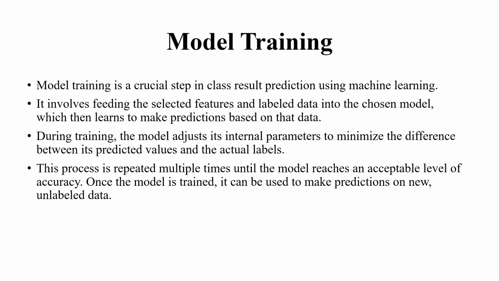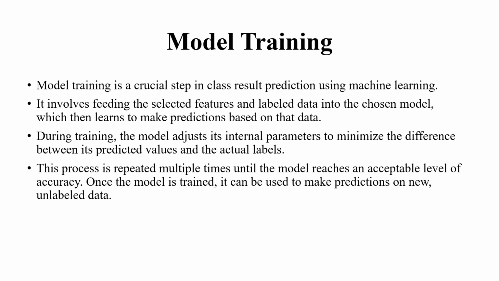Model training. Model training is a critical step in class result prediction using machine learning. It involves feeding the selected features and labeled data into the chosen model, which then learns to make predictions based on the data.